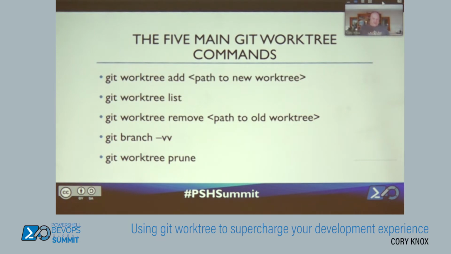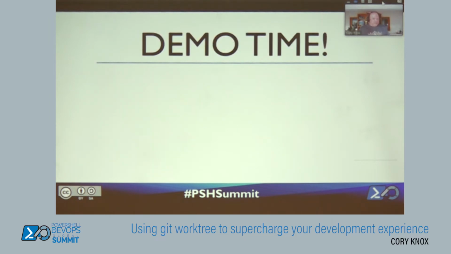But if you want to do it faster, you can just run the prune command. And now, as Fred would say, this is PowerShell and not PowerPoint. So we're going to go into a demo of how to use Git worktree.